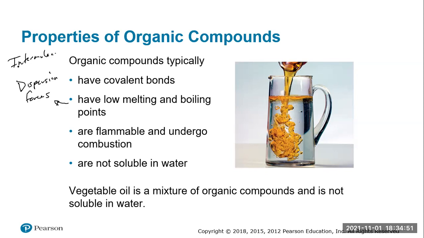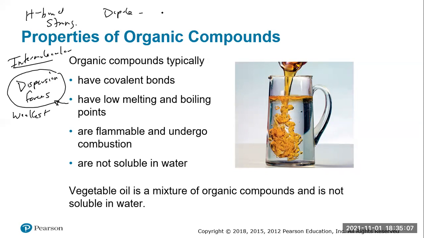And remember that is pretty much your weakest intermolecular force. Remember, there's hydrogen bonding, right, which is the strongest. There's dipole, which is really strong. And there is your dispersion forces, which is the weakest.